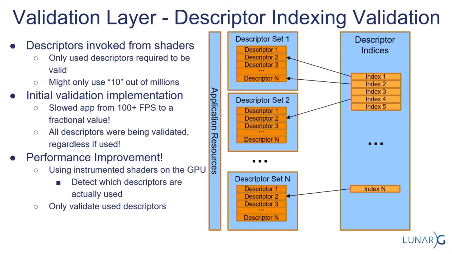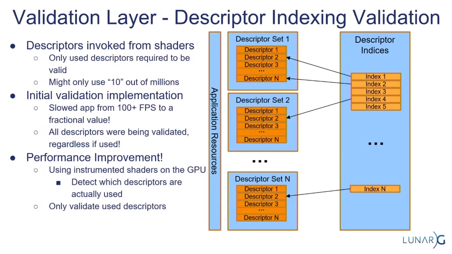We had an application, I won't name it, I bet many of you might be able to guess it, that without validation running, would run at 100 plus frames per second. This application really took advantage of the descriptor indexing. When validation was turned on, it went from 100 plus frames per second to a fractional value.